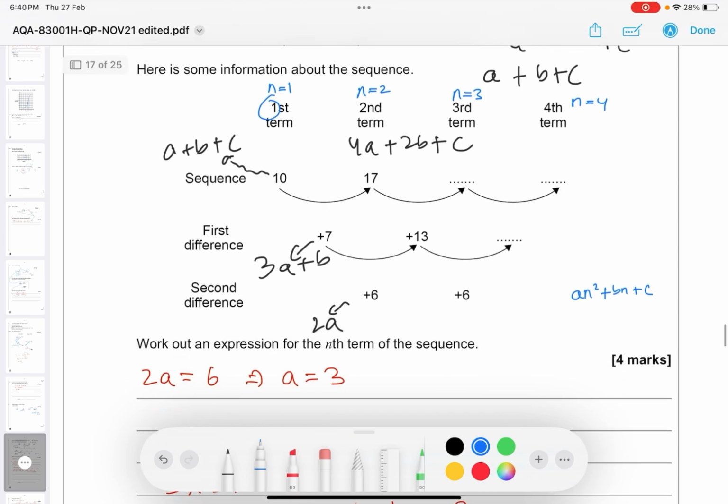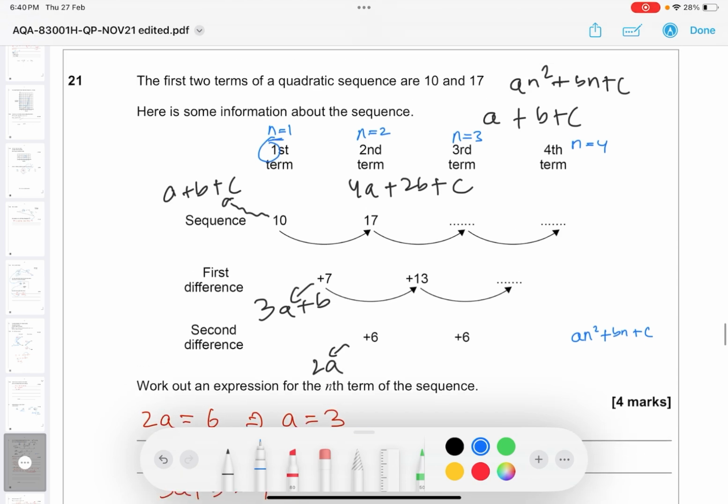Now listen very carefully. If I place n equals 1 over here, I will get a times 1 squared plus b times 1 plus c, which results in a plus b plus c. So the first term equals a plus b plus c, because the general term was an squared plus bn plus c and the value of n is 1.